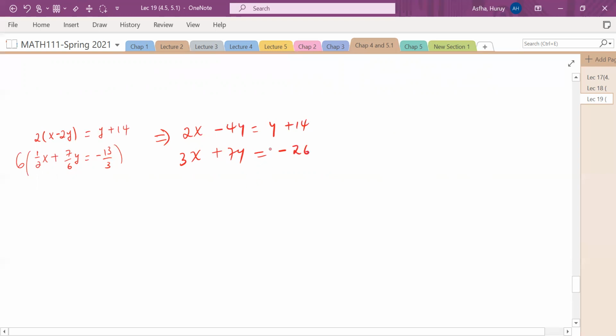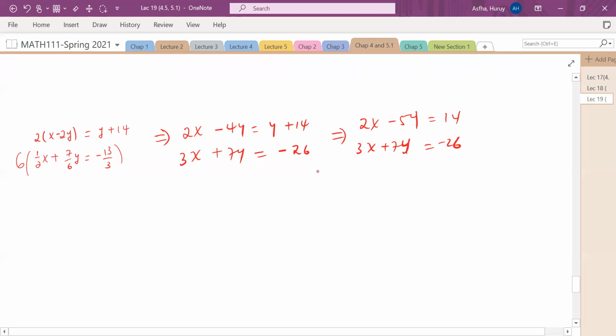First, let's rewrite this one. 2x, bring y to this side, so it will be 5y equals 14. And 3x plus 7y equals negative 26. And the next is we use the technique.